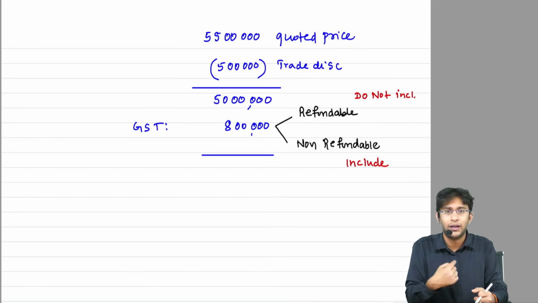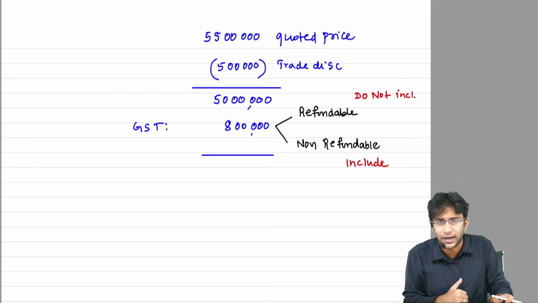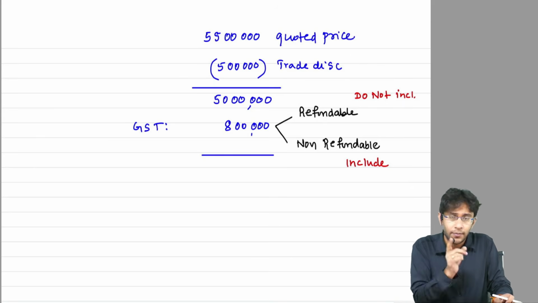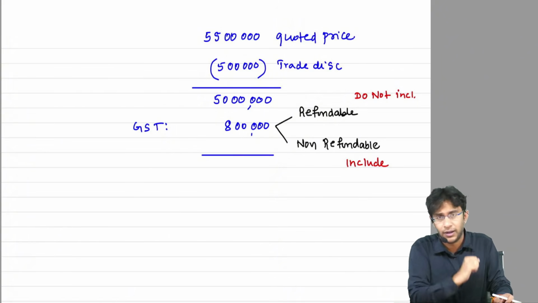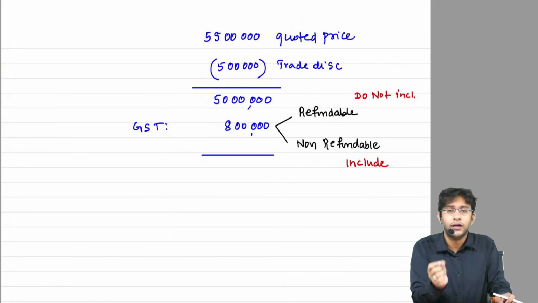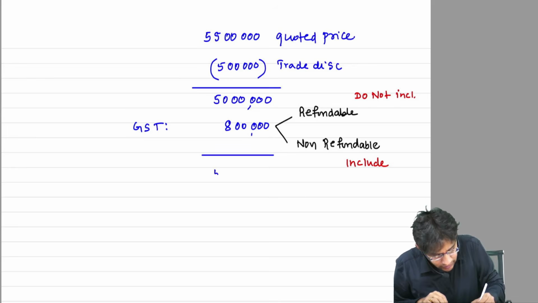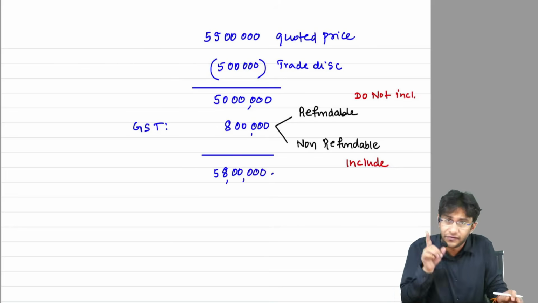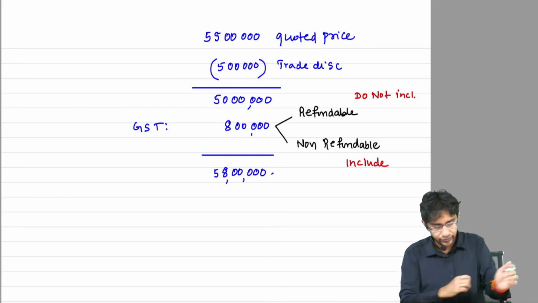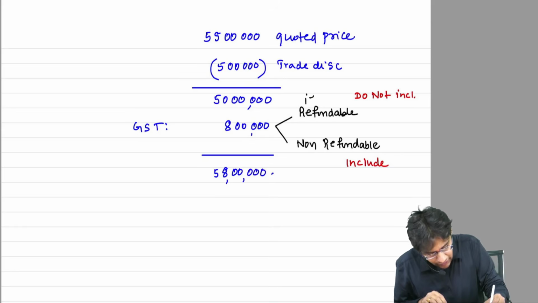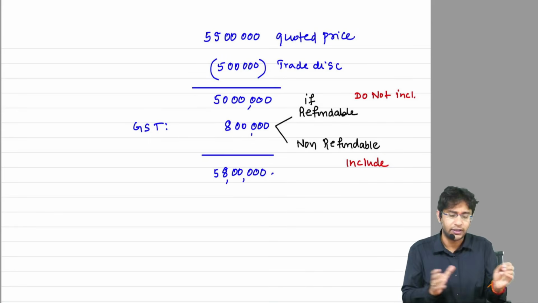If it is refundable, then even though it's an outflow, in future you will get it back again. So it is not your cost. But if it is non-refundable, then it is not only an outflow, it is also your cost. So I am assuming that this is non-refundable, so I am including it. If it is refundable, you are not supposed to include it. So if refundable, do not include, otherwise you can include.